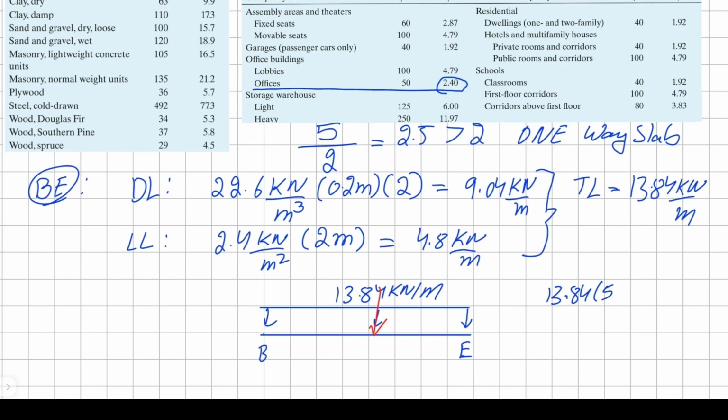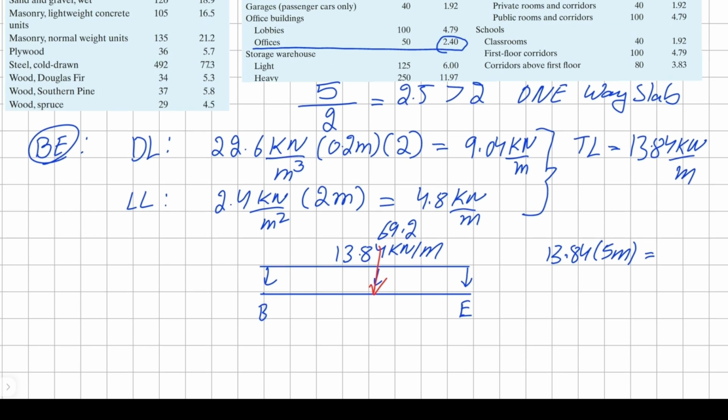In this case, it's 5 meters. Point load is 69.2. Let's find our point load for BE. Because there isn't any other force acting on this beam at this moment, it'll be simply 69.2 divided by 2, and this comes up to 34.6 for each of the points.